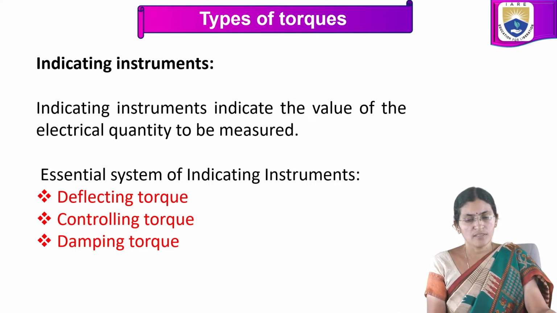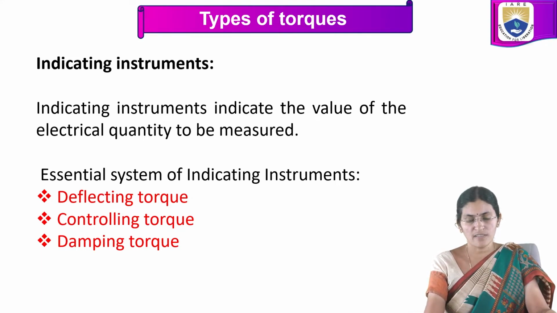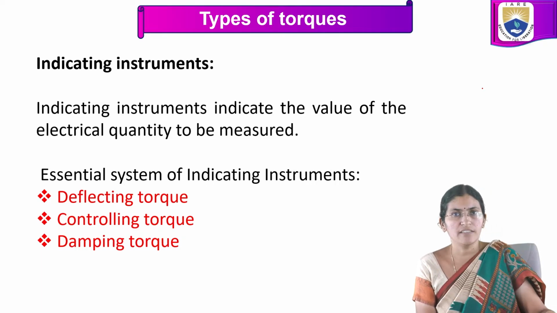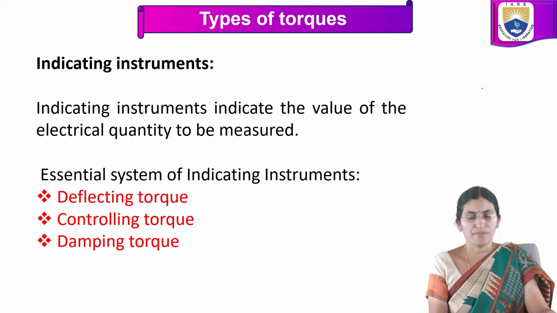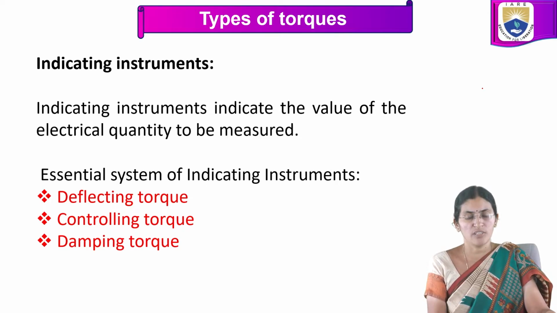So we have seen in the last class analog instruments are classified into three types: indicating, recording, and the last one is integrating instruments. Among them, indicating instruments are of electromechanical type. They indicate the value of the electrical quantity which is to be measured.